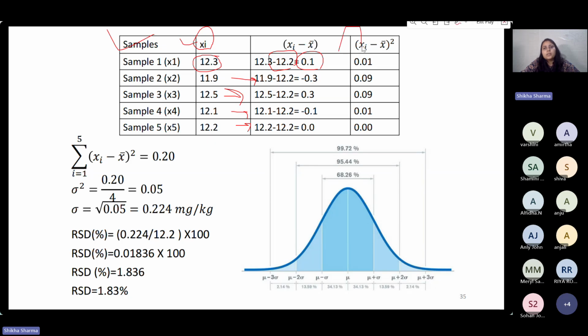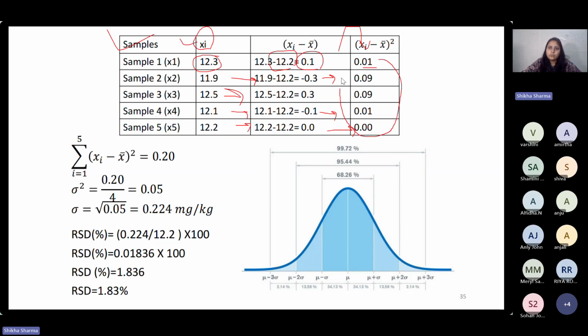Then its square: 0.1 square is 0.01. Then minus 0.3 square will be 0.09. Then plus 0.3 square will be 0.09, and minus 0.1 square will be 0.01, and 0 square is 0.